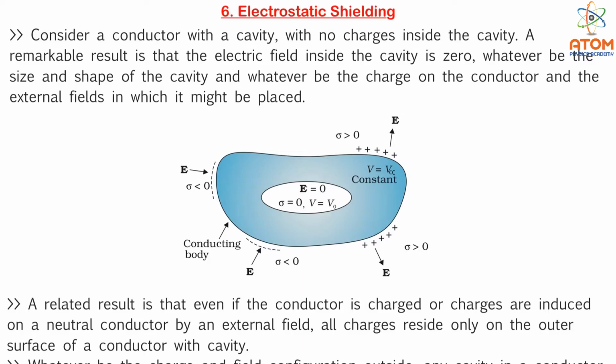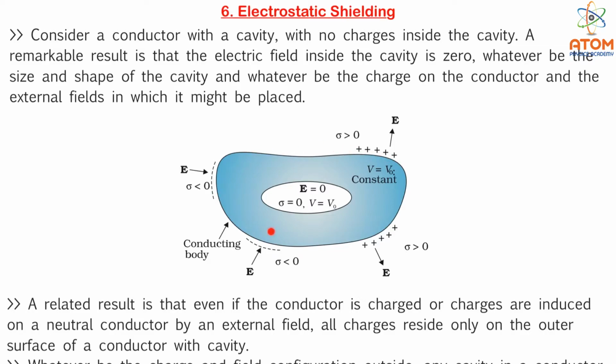A remarkable result is that the electric field inside this cavity is 0. Whatever be the size and shape of the cavity, and whatever be the charge on the conductor, and whatever be the external field in which it might be placed, the electric field inside will be 0. Very interesting. Whatever charge you place on the surface, the electric field is going to be 0.